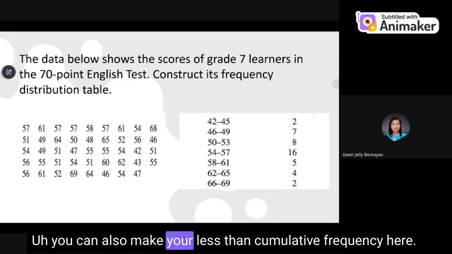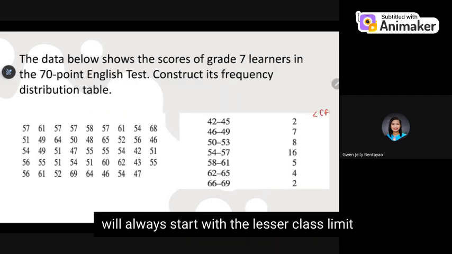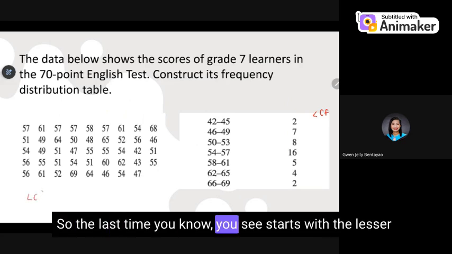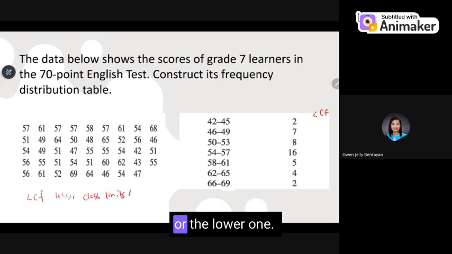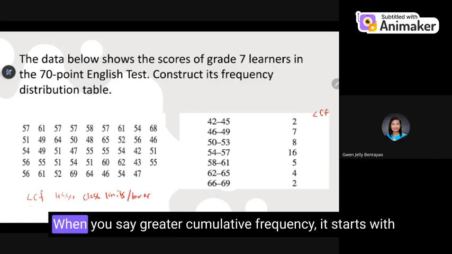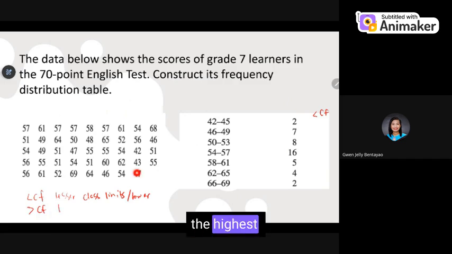Now you can also make your less than cumulative frequency here. The less than cumulative frequency will always start with the lesser class limit, or the lower one. When you say greater than cumulative frequency, it starts with the highest class interval or class limits. That's it.